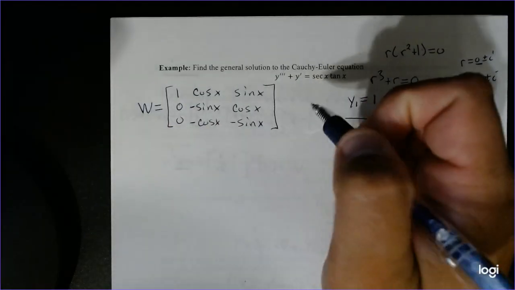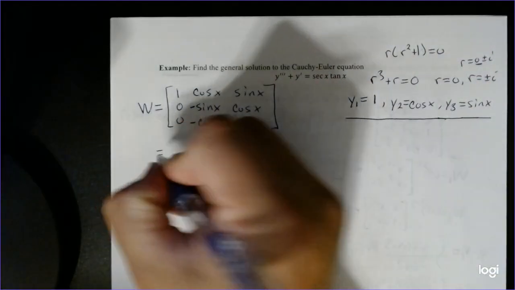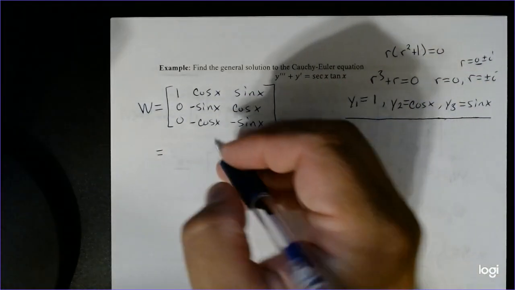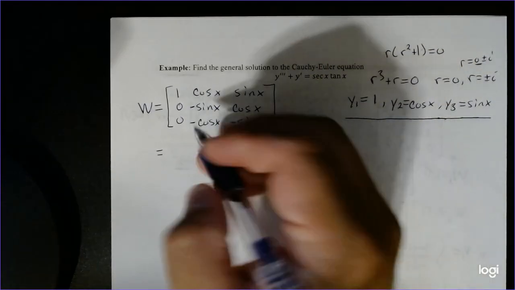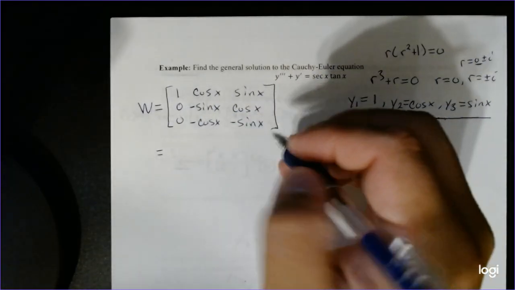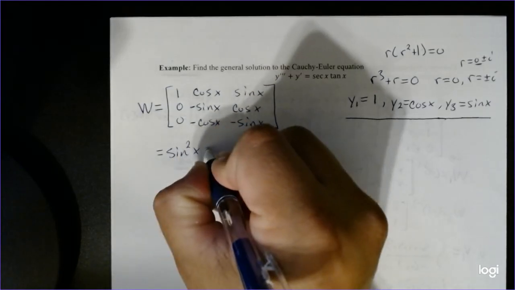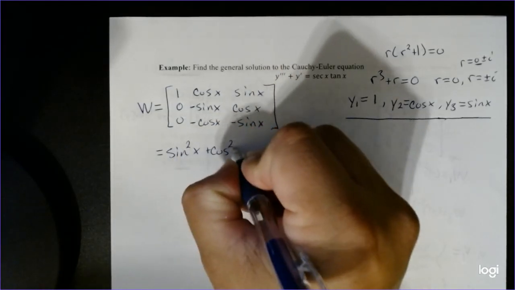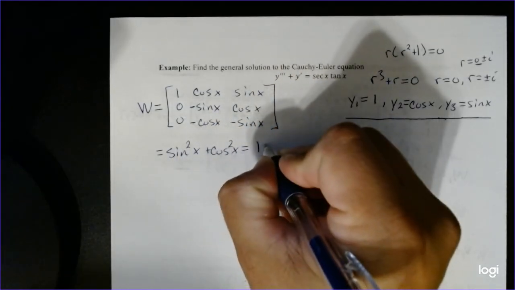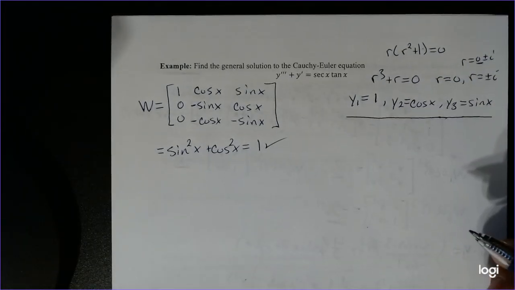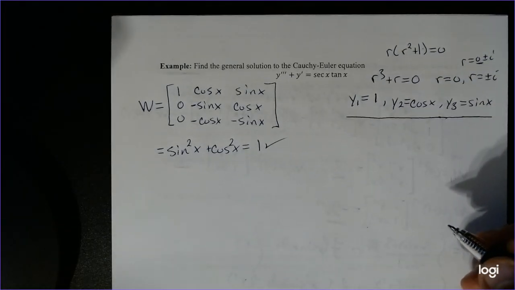And again, now we just find the determinant of it, using the same process. And this is really nice because a lot of stuff cancels. This ends up simplifying to just sine squared x plus cosine squared x, which is even better because it just equals 1. So our Wronskian is just 1.